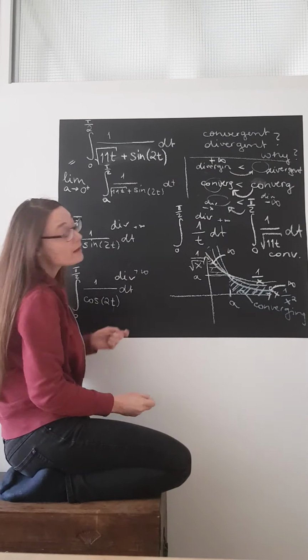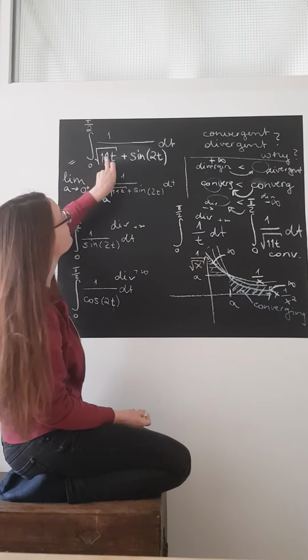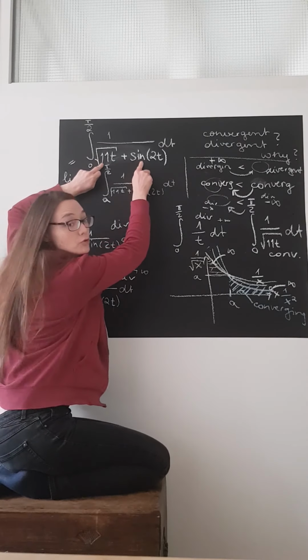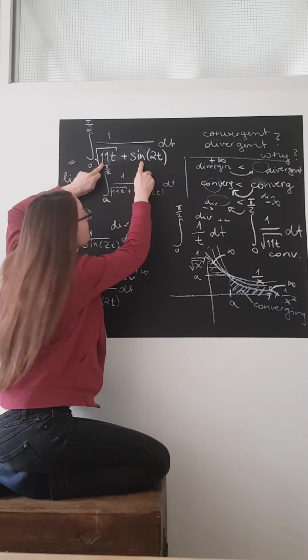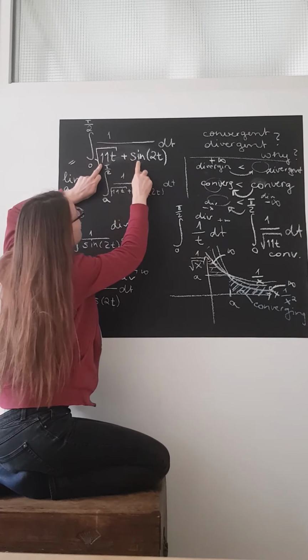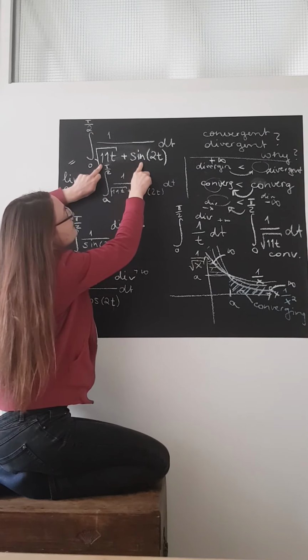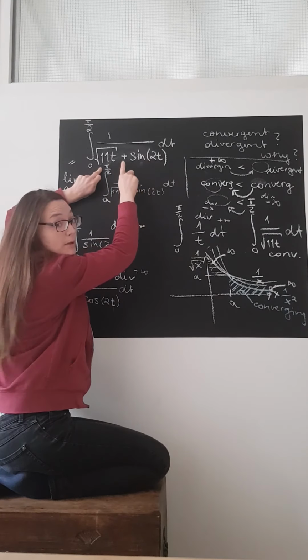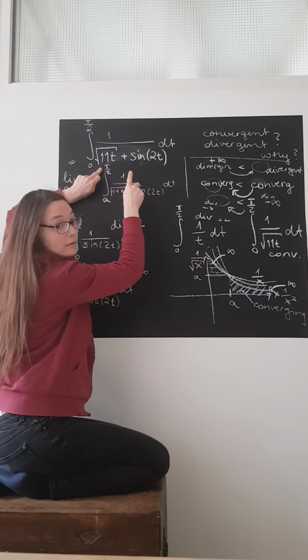I'm not considering negative numbers. I don't have to because I know these are all positive numbers in here. These two summands are always positive on 0 to pi half. And if I add a positive thing in a denominator, the whole thing will become smaller, right?